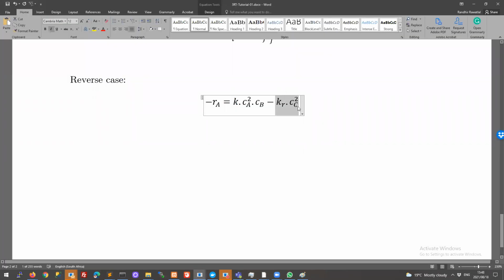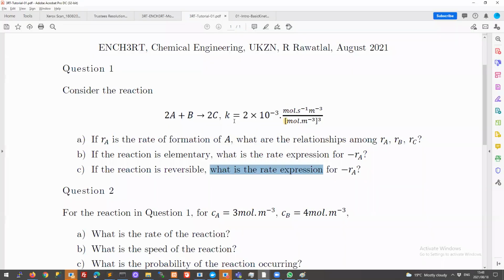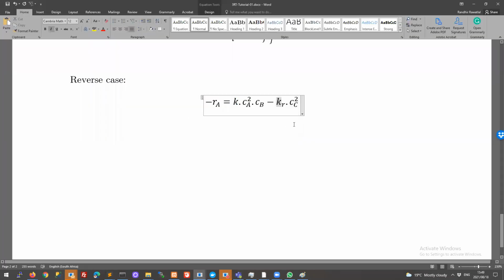If this is the rate of formation of A due to the reverse reaction, this is fine. But if this was the rate of formation of B, let's say, so for whatever reason, if you created KR so that was the formation of B, and A is twice that, then you have to be careful and write the right coefficient in there.